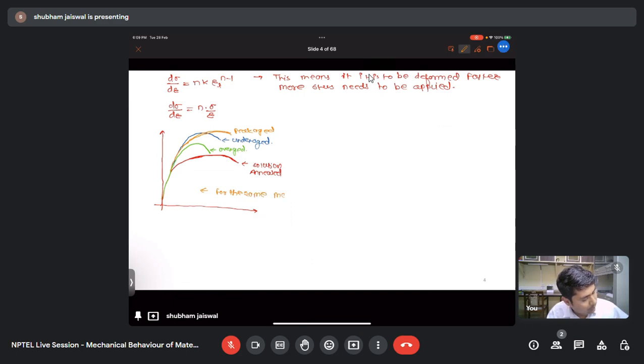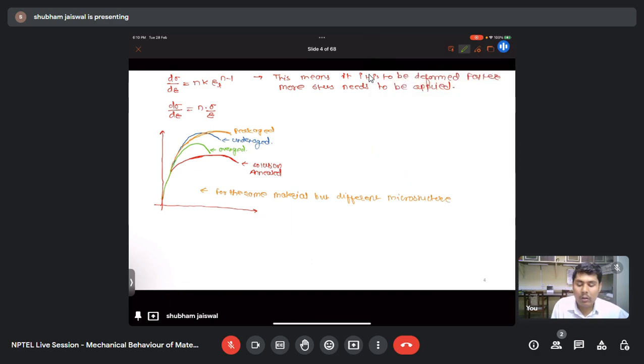So this is for the same material, but different microstructure.